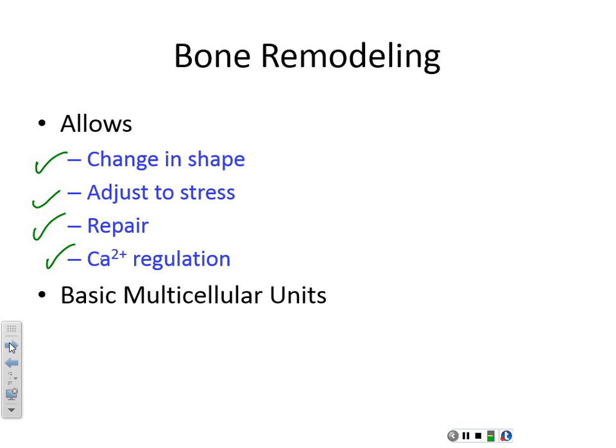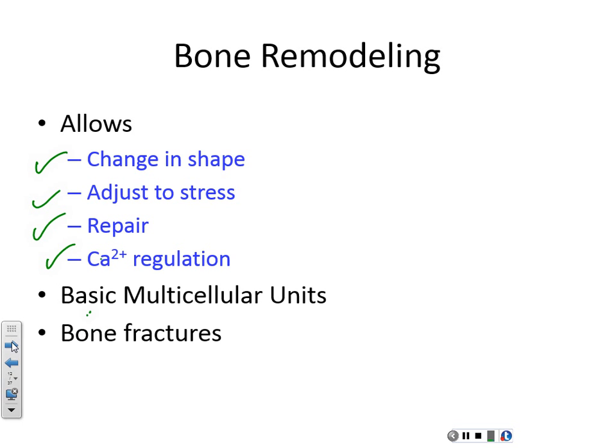Blast is making new matrix. Clast is breaking down. Cyte is a mature cell: after it has made the matrix, it becomes mature, an osteocyte, or chondrocyte. What is their function? To break down bone and lay down bone. They are for remodeling. So know what they are.